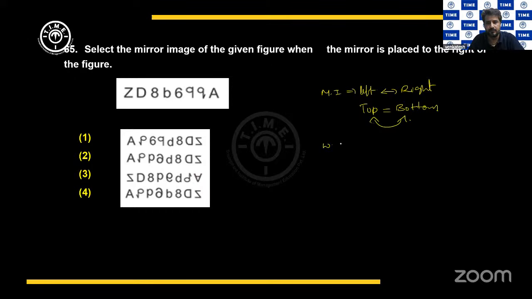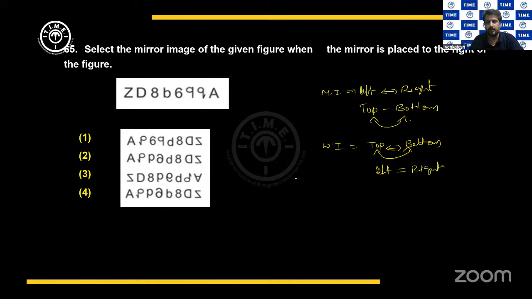Next, in the water image, top elements will shift to the bottom and bottom elements will shift to the top, whereas left and right will remain the same. There won't be any change in that.